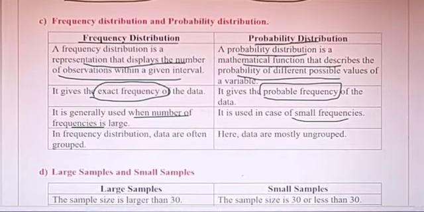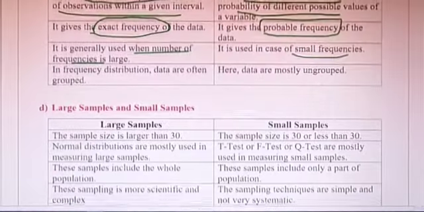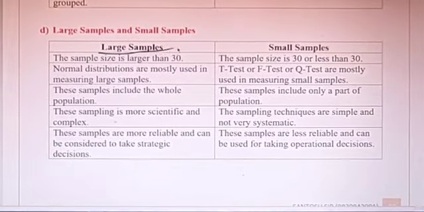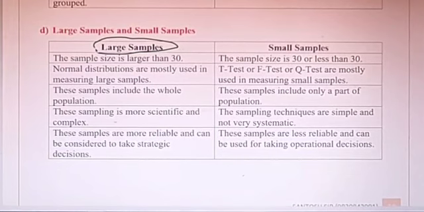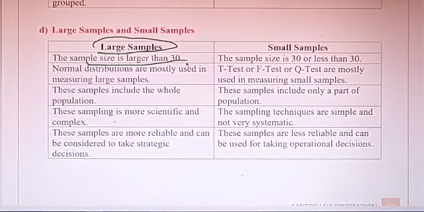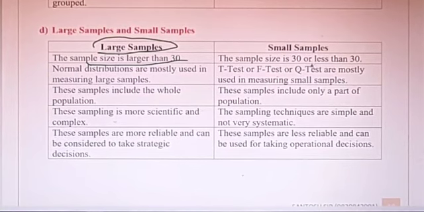So like this. The next difference is large samples versus small samples. Large sample, very simple: when the sample size is more than 30, and in case of smaller samples the sample size is 30 or less.